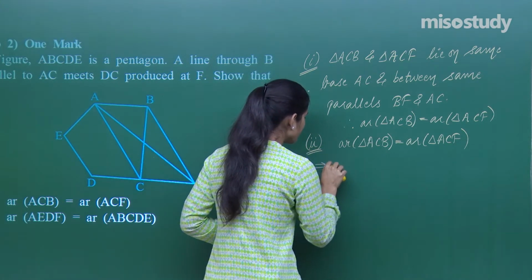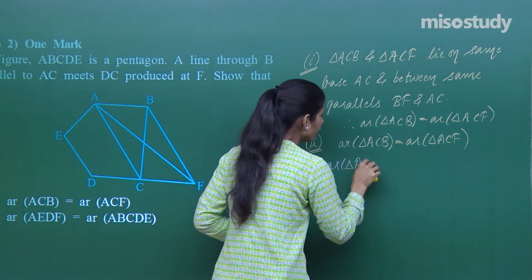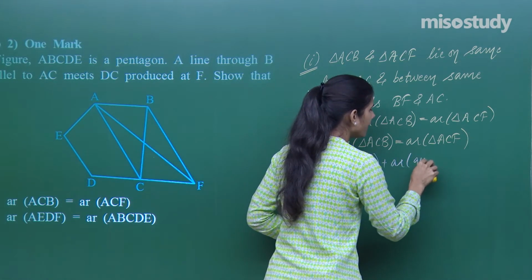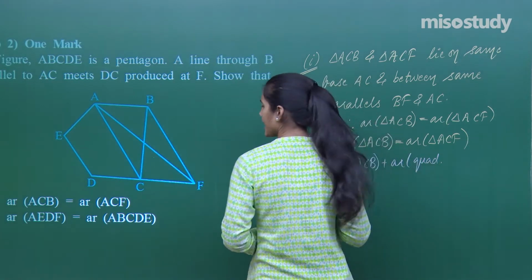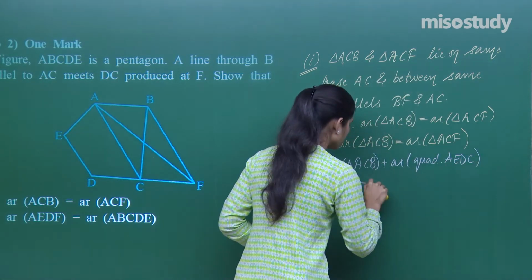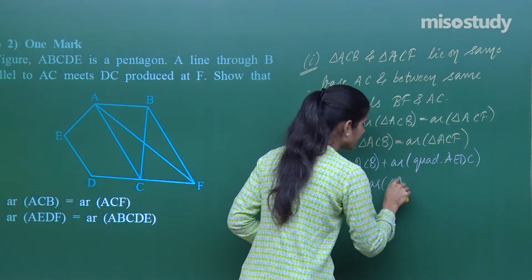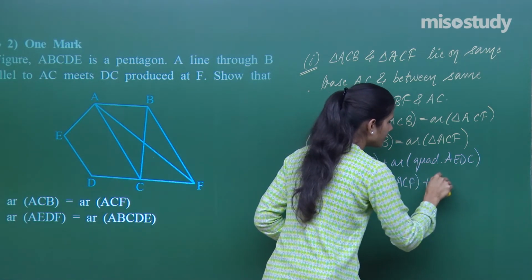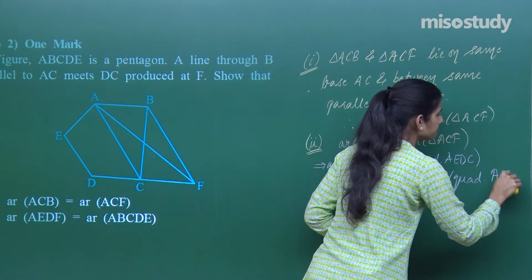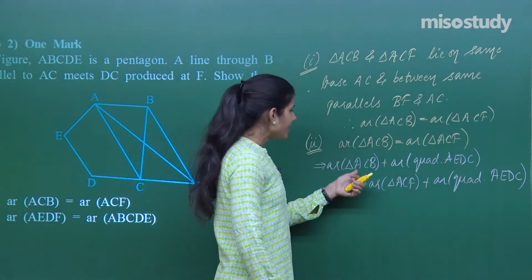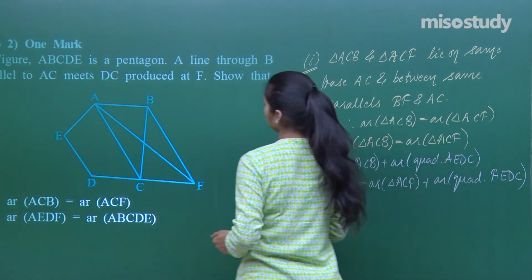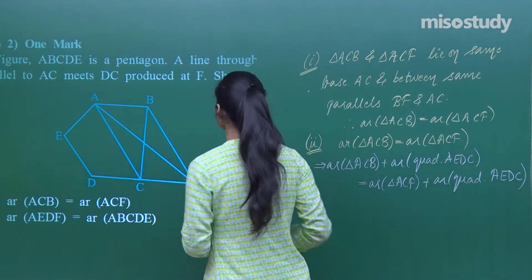So I will get, this implies area of triangle ACB plus area of quadrilateral AEDC is equal to area of triangle ACF again plus area of quadrilateral AEDC. When in triangle ACB's area I add quadrilateral AEDC's area, I get the area of the pentagon ABCDE.